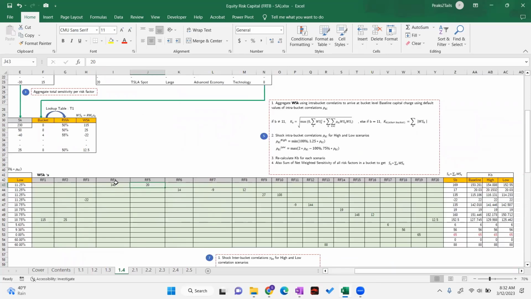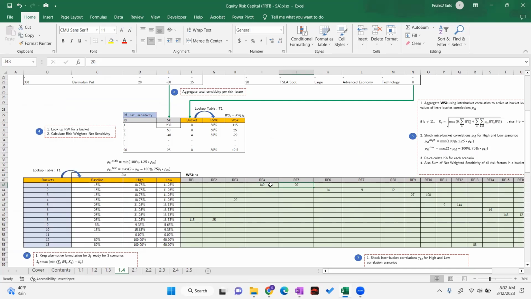That's it, these two. So when you want to come up with the bucket 1 level capital charge, you will aggregate these two weighted net sensitivities using 15% correlation. Markowitz portfolio variance formula. Okay. Take these, aggregate using 15% correlation, because that aggregation is happening within bucket 1.